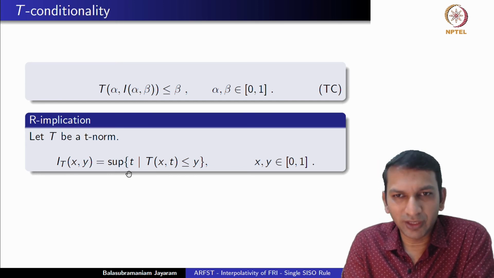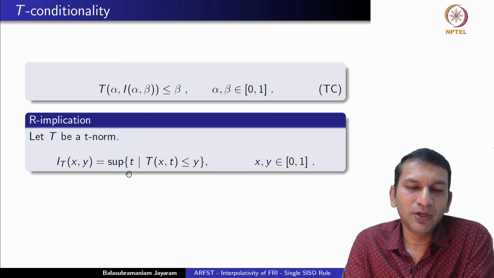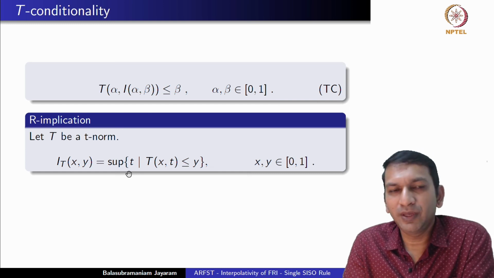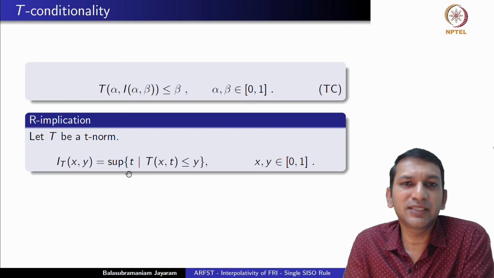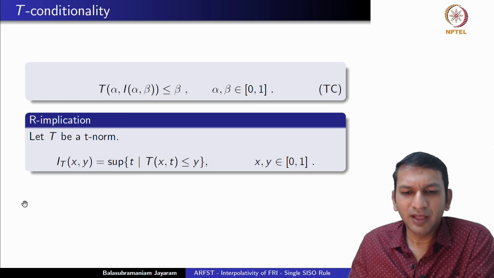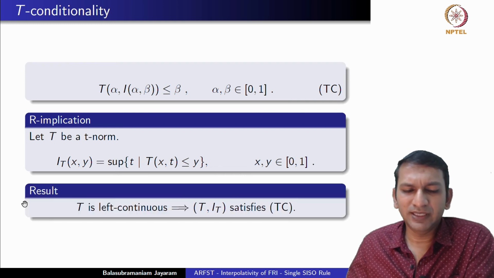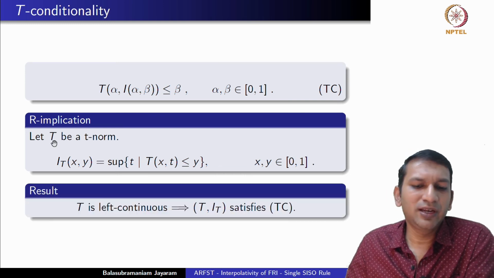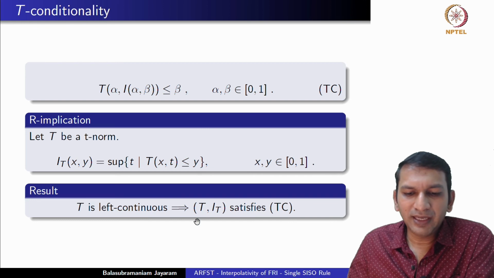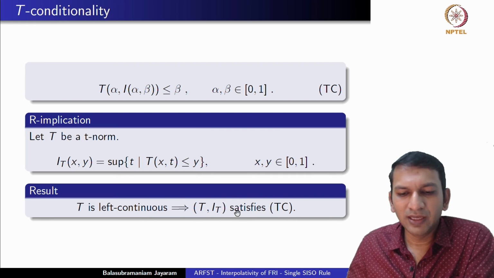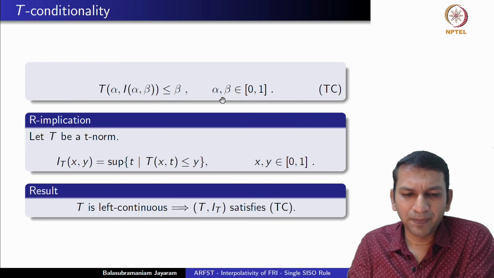We have seen its origins, how it comes from writing A complement union B in an alternative equivalent form in set theoretic terms. Now an easy result can be proven, which says that if this T-norm is left continuous, then the pair T, I_T, the corresponding residual, indeed satisfies this T-conditionality.